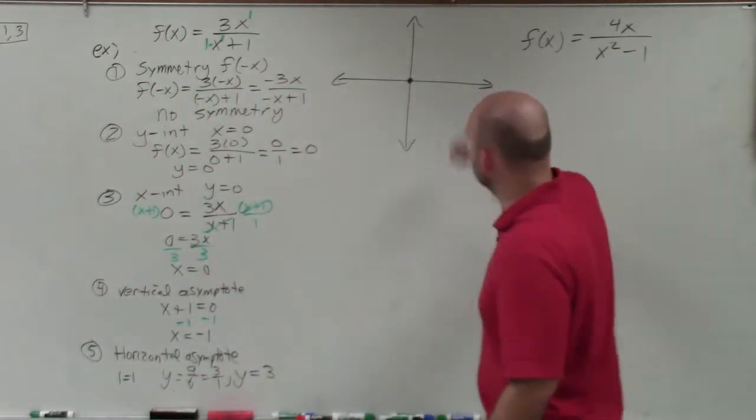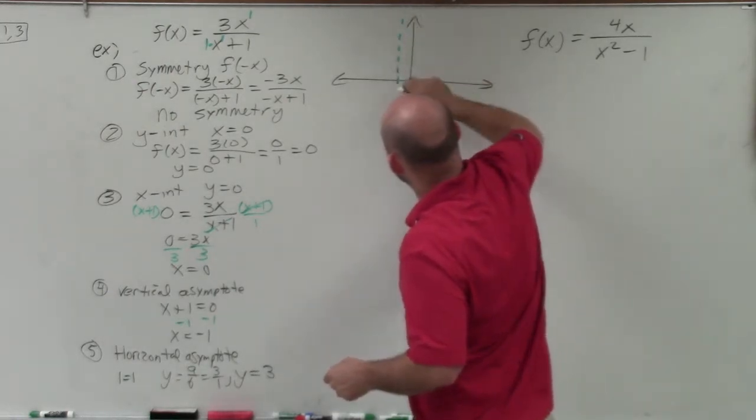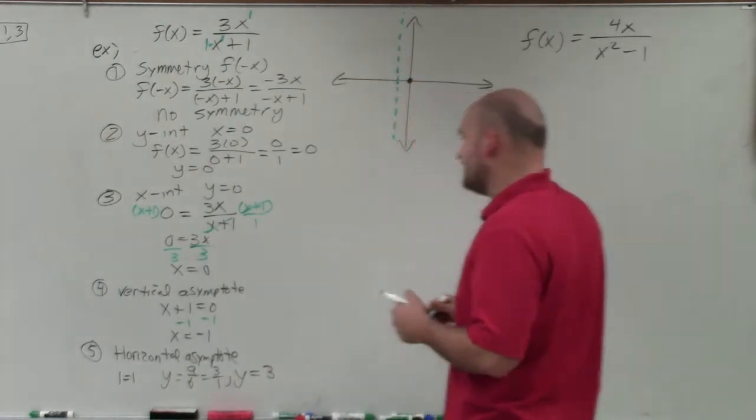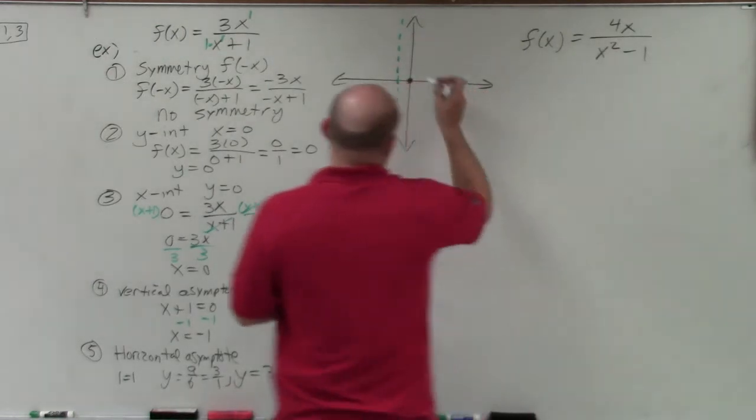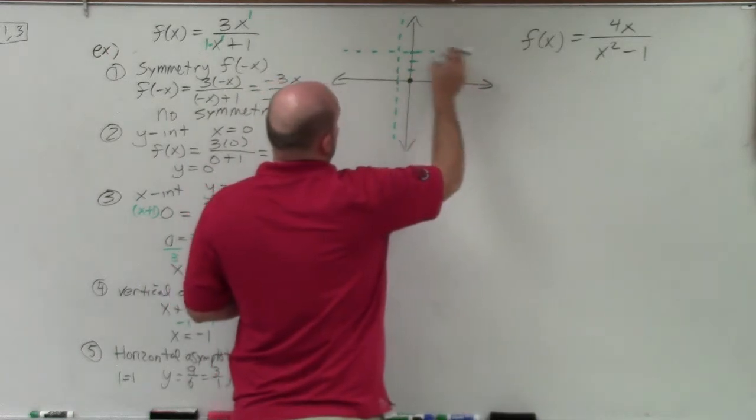Sorry about that. I have a vertical asymptote at -1. So I'm going to go over to -1 and create a vertical dashed line. And I have a horizontal asymptote at y equals 3. So I'm going to go up to 3 and create a nice horizontal asymptote.